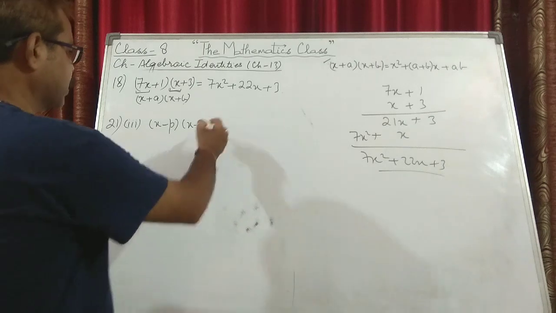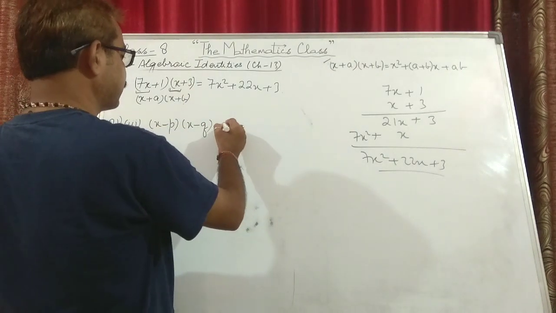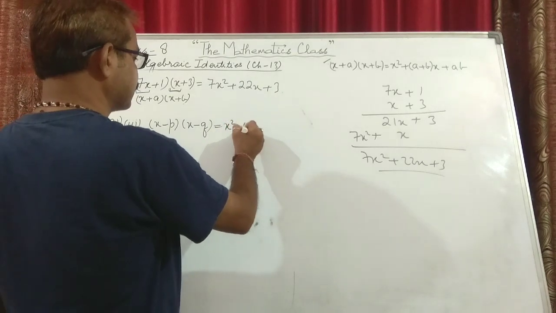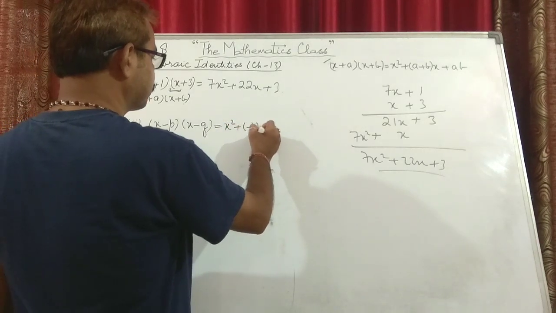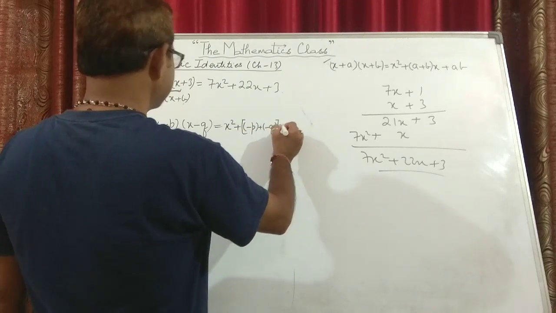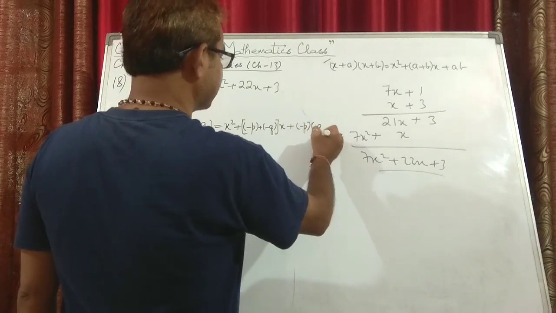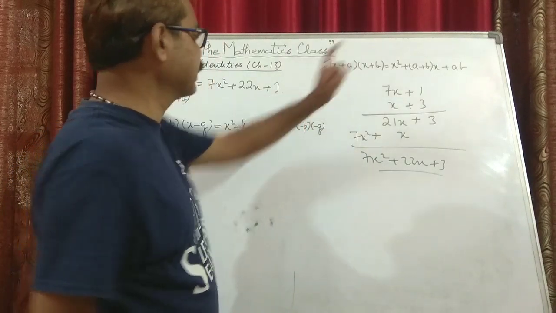First you will solve it. According to this formula, it will be x square plus (−p plus −q) times x, plus (−p) into (−q). This is in the format that is given.